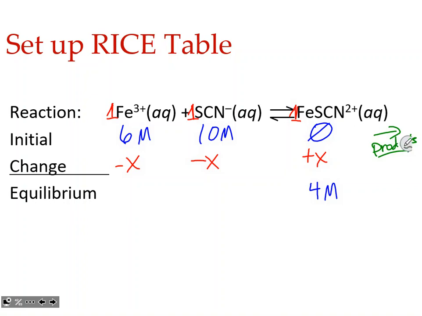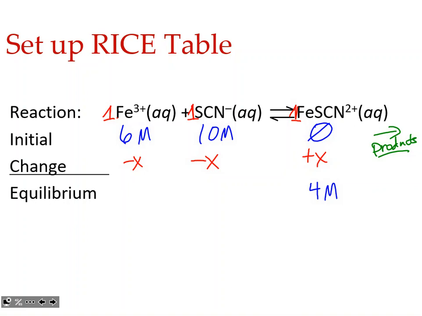If this was 2, for instance, if this was a 2 here instead of a 1, this would be minus 2x instead of minus x. You see what I'm saying? Okay? But yes, you would double it in that case. So yes, it would be 8 molar if it was 2x. Because that's the change, if you didn't already figure it out.